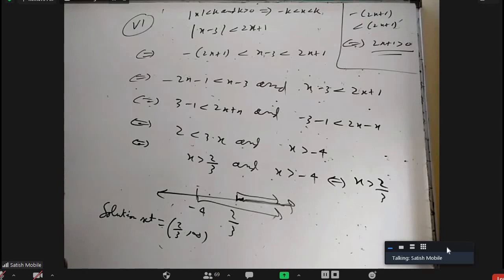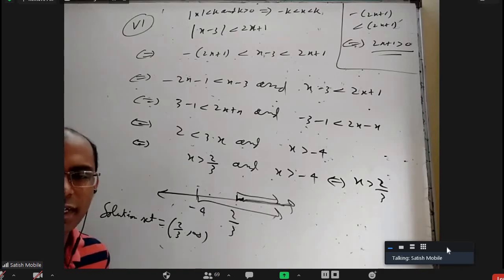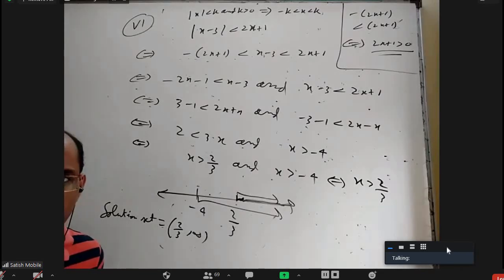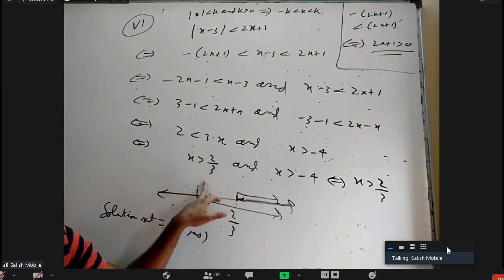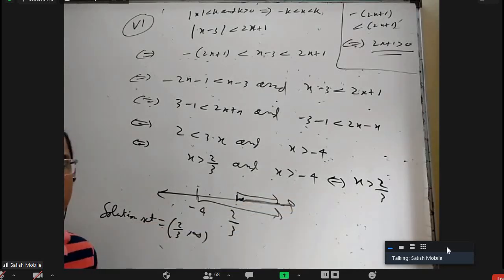If you get more than 60, automatically you got more than 40, right? But if you got more than 40, it's not guaranteed that you got more than 60. You might have got 45, 50, 55. Like that, I want x to be more than 2 by 3 also, and x should be more than minus 4 also. Both should be satisfied. Tell me, x should be more than what? 2 by 3. Yes, it should be more than the bigger number.